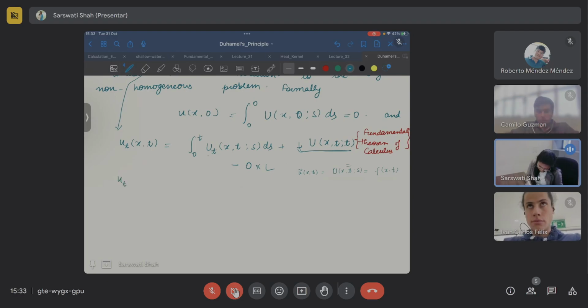So u_t(x,t) is equal to f(x,t) plus the integration from 0 to t of u tilde_t(x,t;s) ds. What is the value of this?